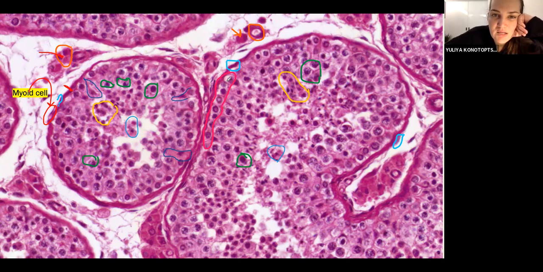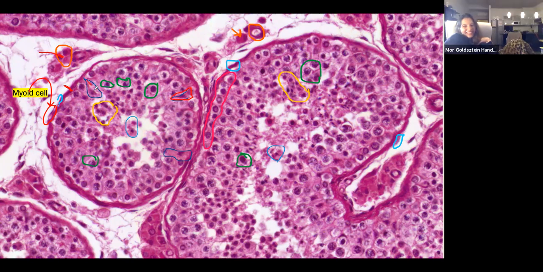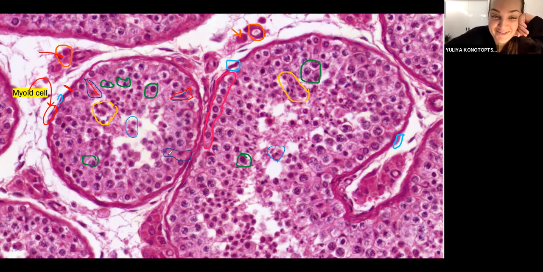Okay, at the tunica propria, at the base, you can see triangular cells. Yeah, so as you can see, our slide is a bit better. Do you see? Here, perfect triangular shape.